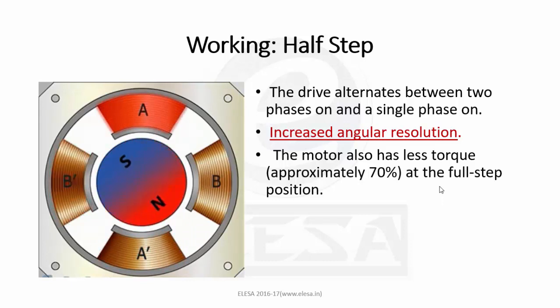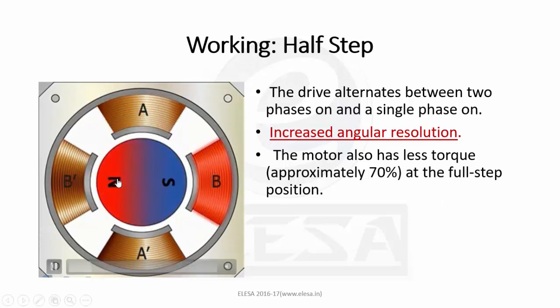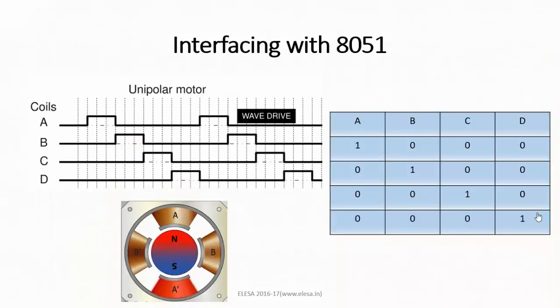As you can see, in wave step and full step, the rotor used to rotate in only 4 steps. Now it is rotating in 8 steps. In full and wave, it was rotating for 4 steps. So the resolution is almost doubled, and that is why half stepping is used to increase the resolution.